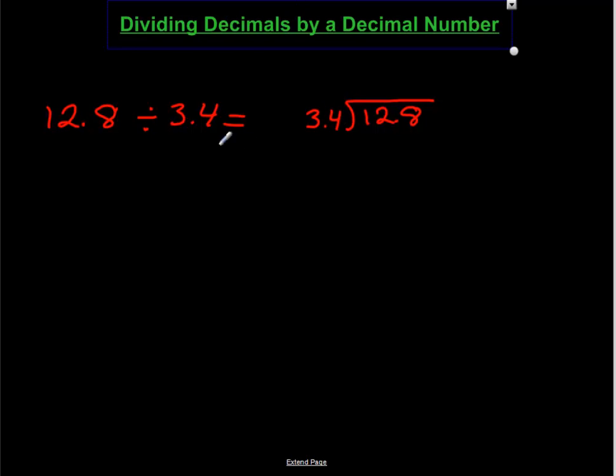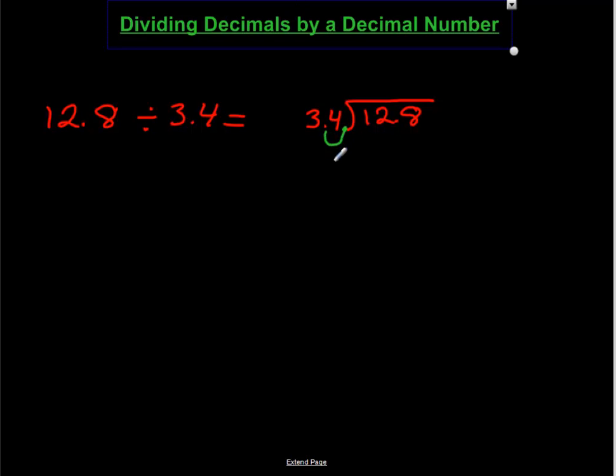Now, when we're dividing decimals by a decimal number, in our divisor we don't want to have a decimal. We want it as a whole number. So all we do is move the decimal over one place, or until it's a whole number. So this 3.4 is now 34.